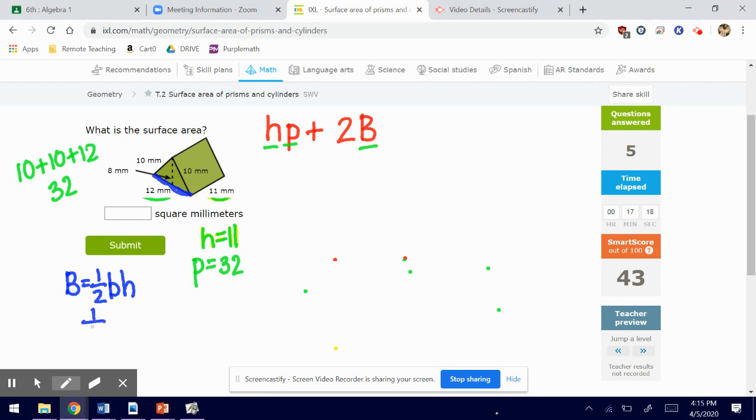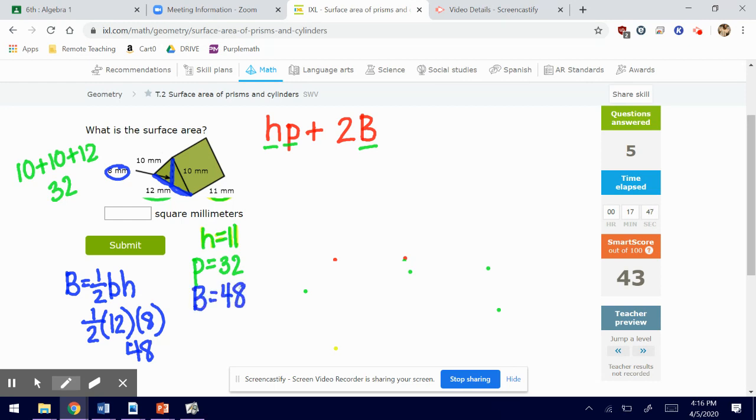So I'm going to have 1/2, and then that base is 12. And then the height is this part right here, how tall it is, and that is 8. So 1/2 times 12 times 8. So basically, I'm just taking half of 12 times 8, and that's going to be 48. So my big B is going to be 48.